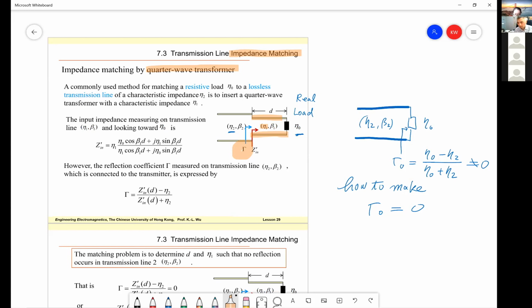It's called transformer, right? Okay, now let's see how we deal with this. Now, I look into the load from this reference plane. This reference plane is at this location but looking toward this side.